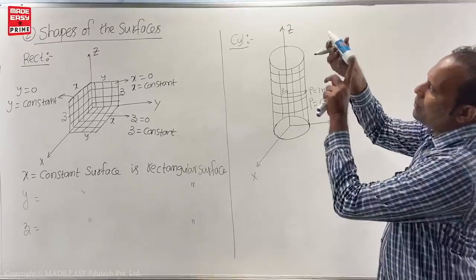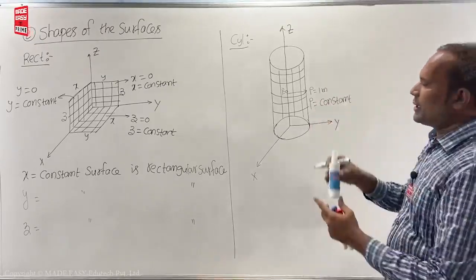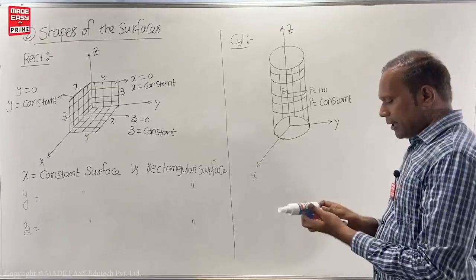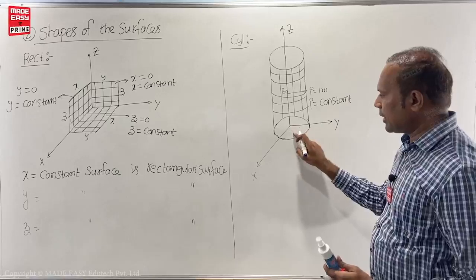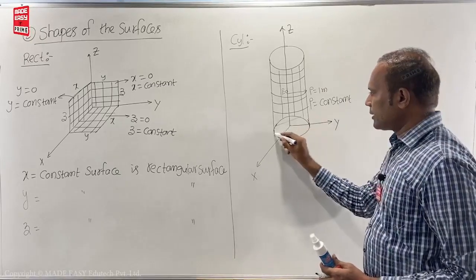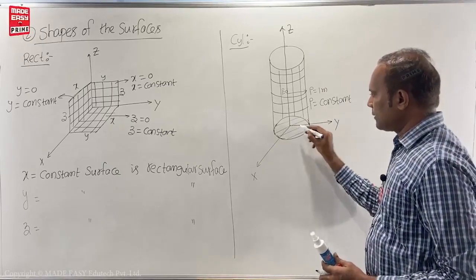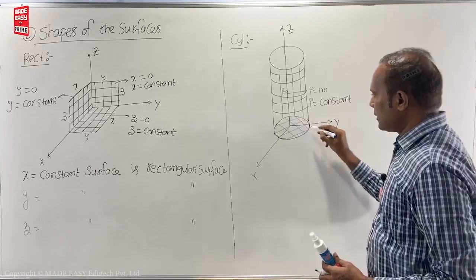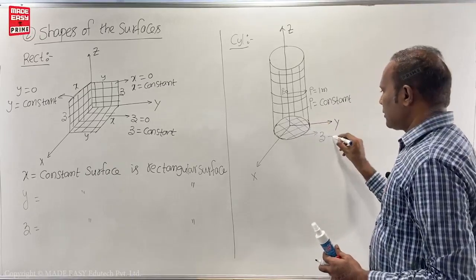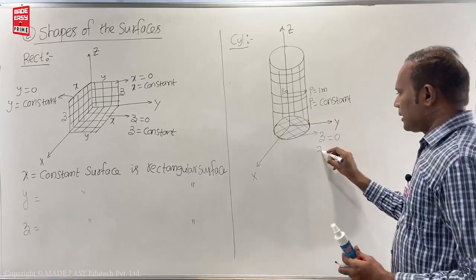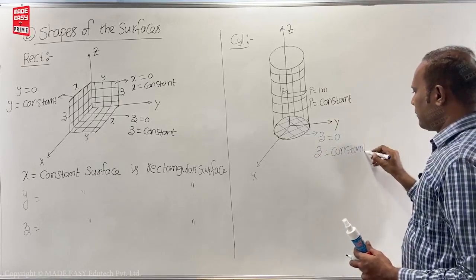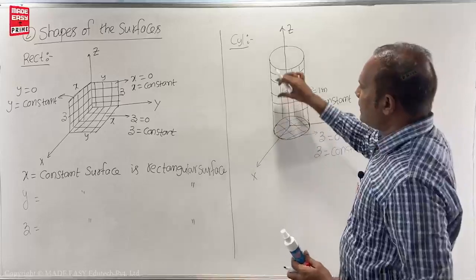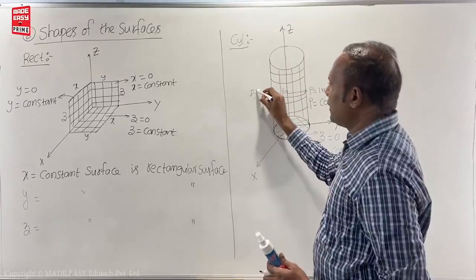For example, bottom side you see that is circular surface, because for this surface height is here the cylinder is starting. So for this circular surface z is equal to 0. So here 0 is constant. Similarly, let us say cylinder height is 5 meter.